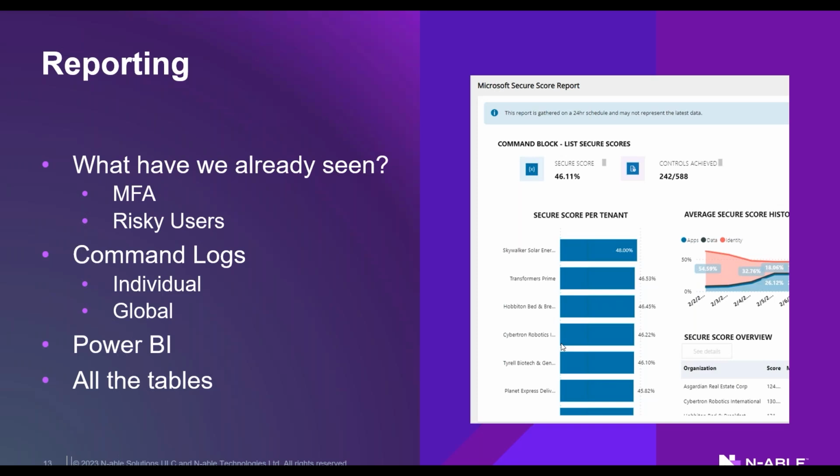But what it also allows us to do is start taking more steps toward the automatic remediation of things like configuration drift, as well as adding some of these security-centric steps to our onboarding and offboarding motion.